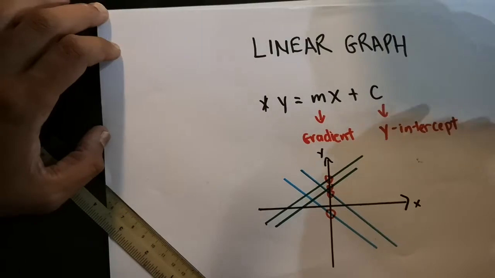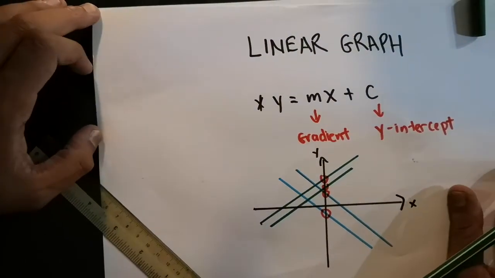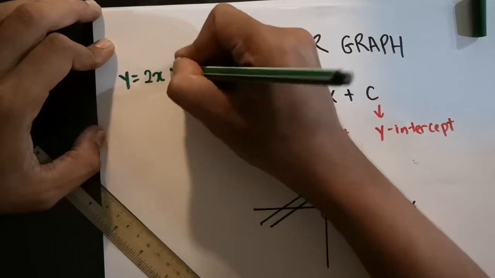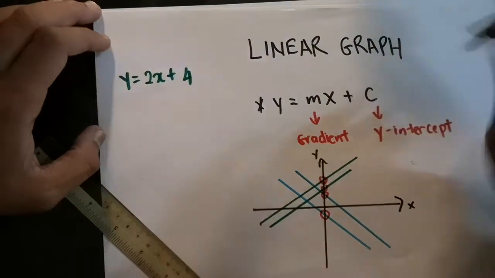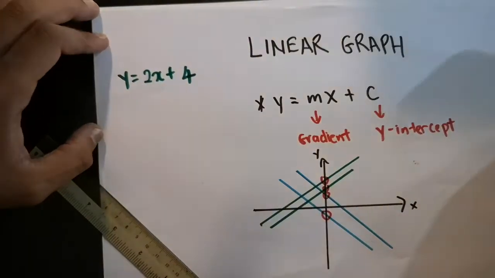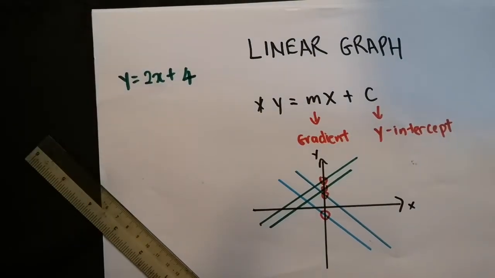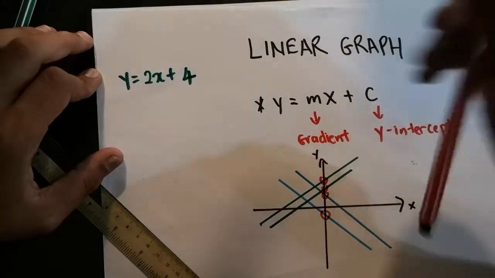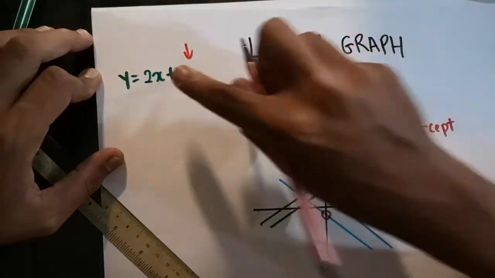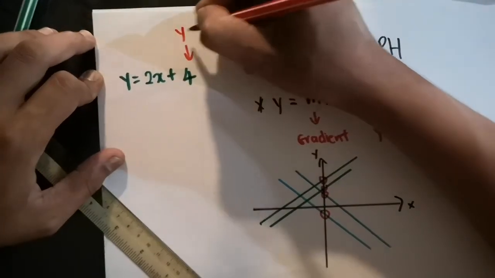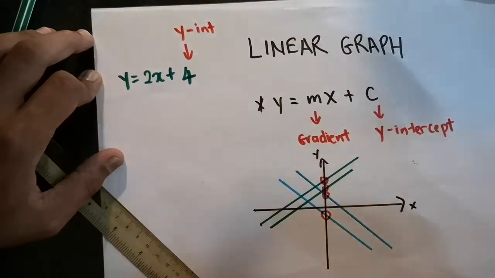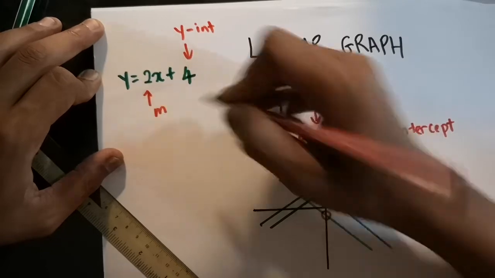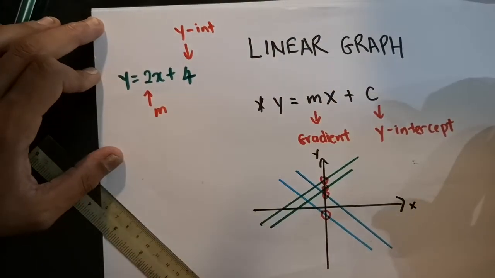Okay, so from this equation y equals to 2x plus 4, you know that the y-intercept here is 4. Y-intercept, okay, and this is the m. The gradient m is positive, right?